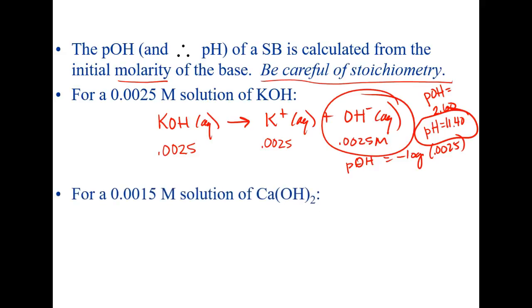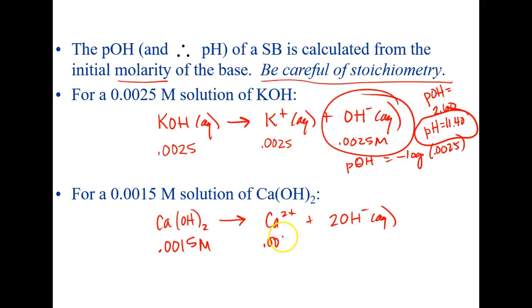I'd also like to look at an example with calcium hydroxide, CaOH2. The reason why this one is just a little bit different is that as it dissociates, you will get calcium ions and 2 hydroxide ions. So if the initial molarity is 0.0015, the calcium ion concentration will be 0.0015, but the hydroxide will be 0.0030 because of the 1:1:2 ratio.